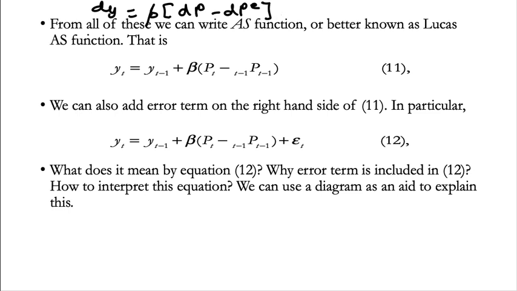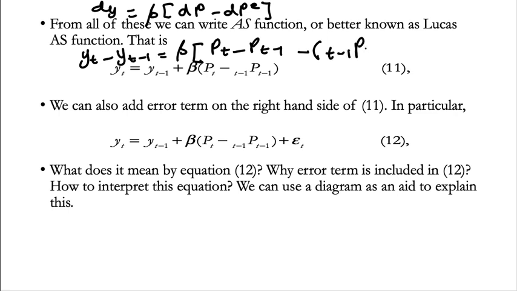Now dy, we already know, is yt minus yt minus 1. Beta is beta. Now dp, we already know, is pt minus pt minus 1, and then minus dpe, which we already know is t minus 1 pt minus pt minus 1.